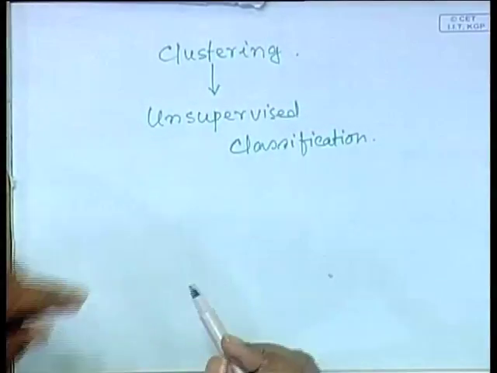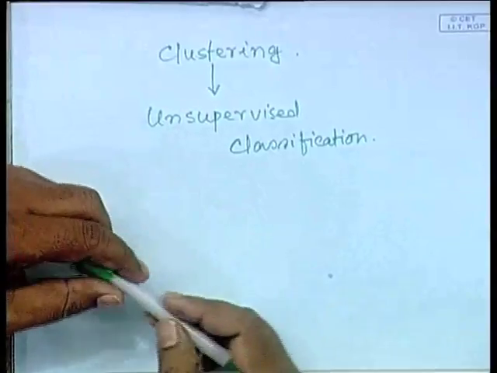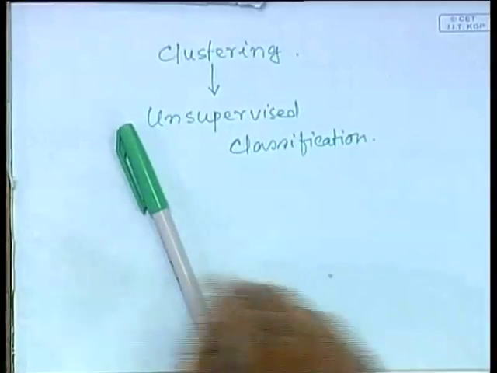Okay. So, what we have seen so far are supervised classification, because for designing the classifier, or even for training the neural network, we use a set of samples for which the class belongingness is known, the labeled samples.